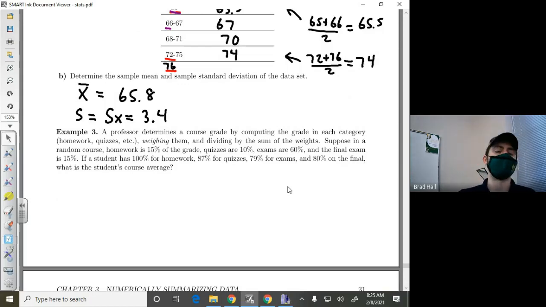I believe it's 20% homework, 20% quizzes, 20% first test, 20% second test, and 20% final. It's something like that. Those percentages are known as weights. Weights give certain quantities more contribution to the final grade than others.